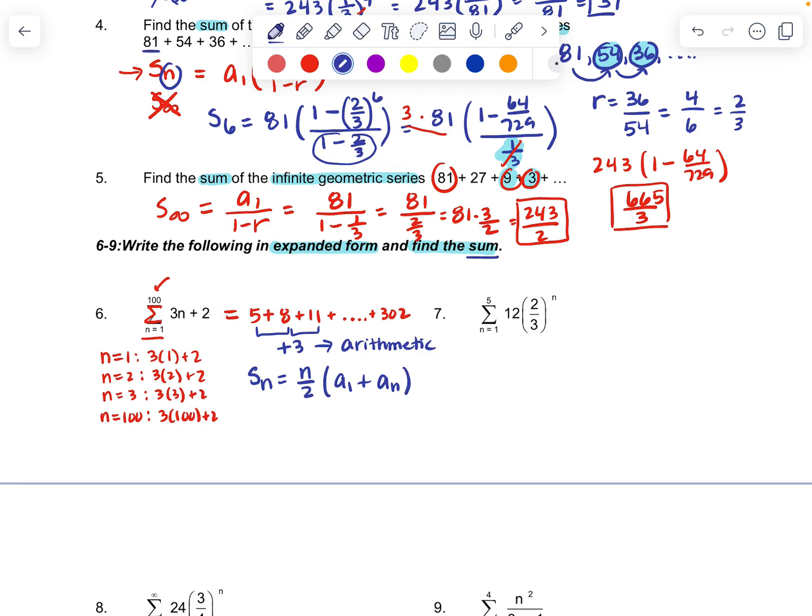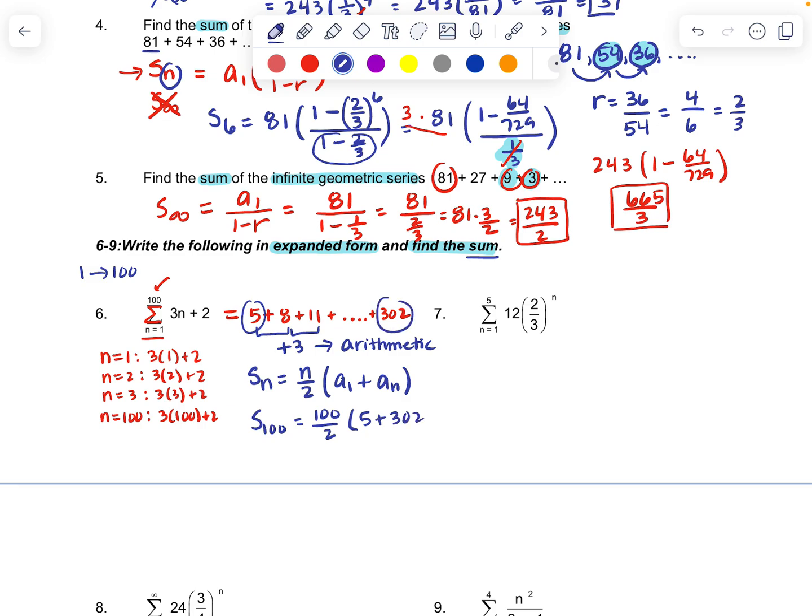Okay, so look, what am I looking for? I'm looking for the sum of the first 100 terms. It's going from 1 to 100, so that means S sub 100. Replace the n with 100, 100 divided by 2. My first term is 5, and then my last term is 302.